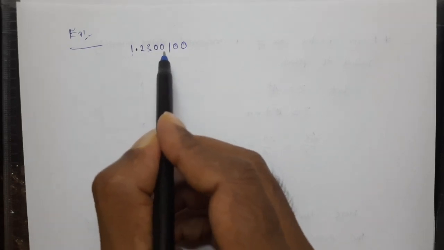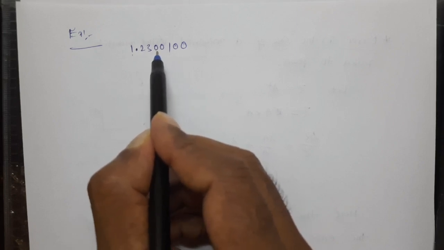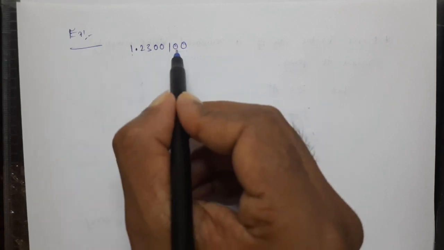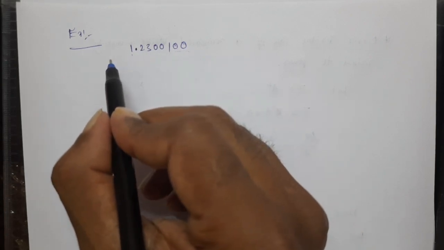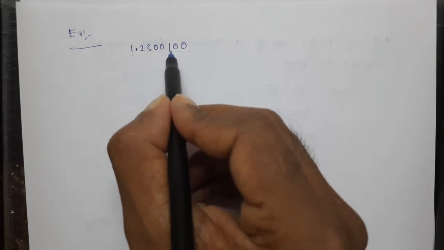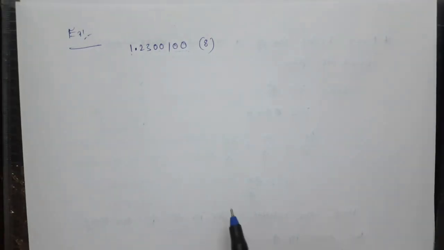And the zeros between two non-zero digits are also significant figures. So these two zeros are also. And the trailing zeros after decimal point are also significant. So all are significant figures here. So total 1, 2, 3, 4, 5, 6, 7, 8. So this number has 8 significant figures or 8 significant digits.